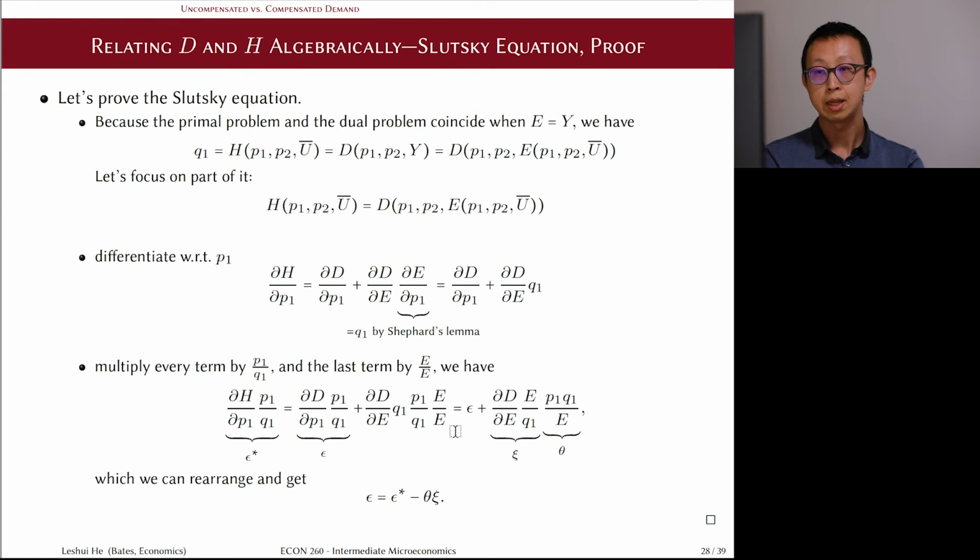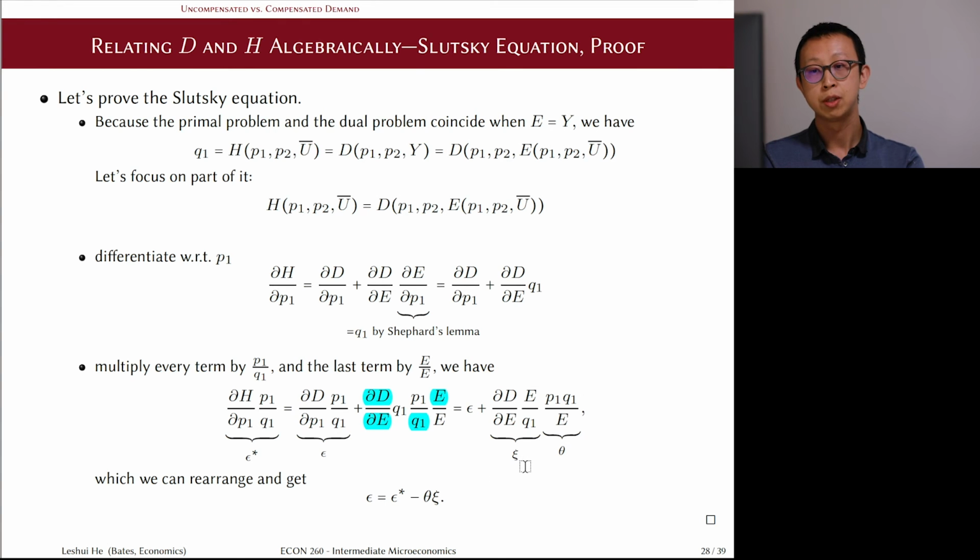So now the right-hand side becomes epsilon, which is coming from this term, plus xi, which is coming from this derivative times E over Q1. And that's our xi. And what's left over is Q1 times P1 over E. And again, that's just the expenditure share of good 1, theta.